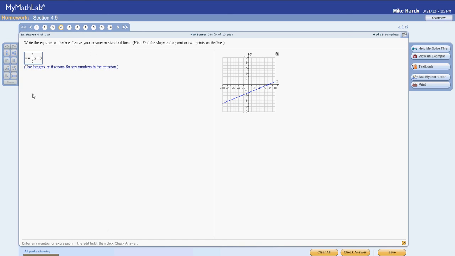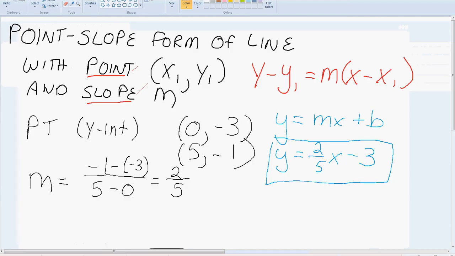I had slope-intercept form, but what's standard form? Standard form is of the form ax plus by equals c, where a, b, and c are nice round integers and a is positive.